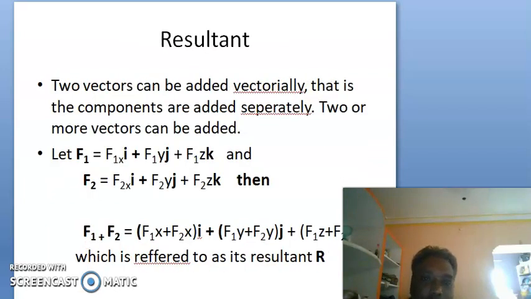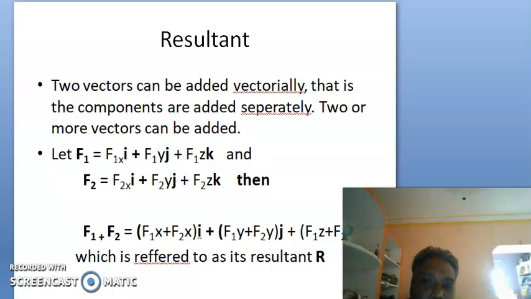So we have seen about force. We will now see about the resultant of forces. Two vectors can be added vectorially. Here force is a vector and that can be added through their components, which is what we call vector addition. Two or more vectors can be added in this fashion.